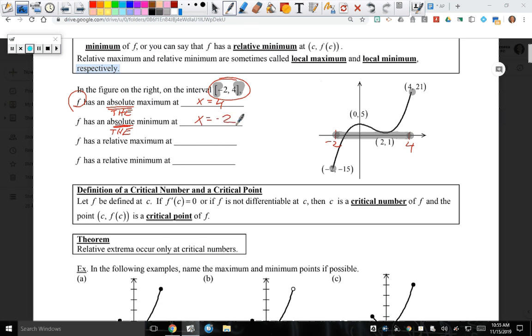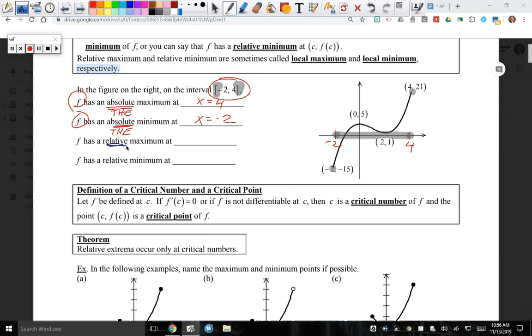F has a relative max. Relative means it's a peak in a small little neighborhood of the graph where you're just looking locally. Like if I were to compare us to Frisco and ask whether our AP program is max compared to theirs, the answer would be yes.